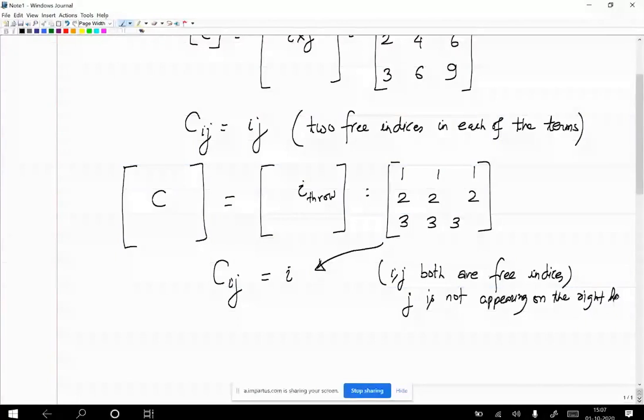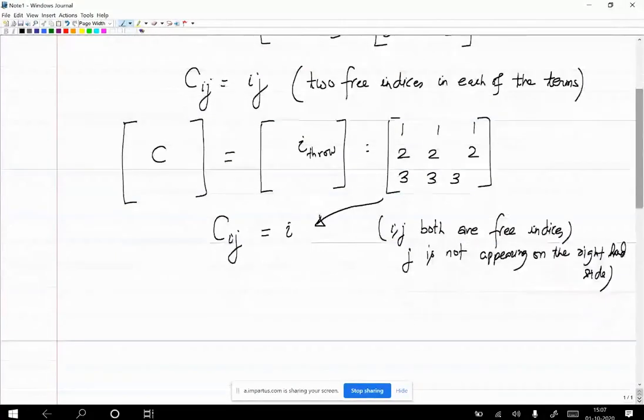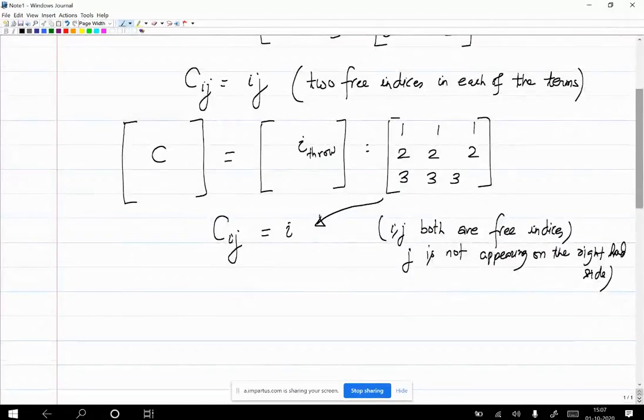So basically the free indices did not appear in each of the terms, and this is a perfectly valid expression.